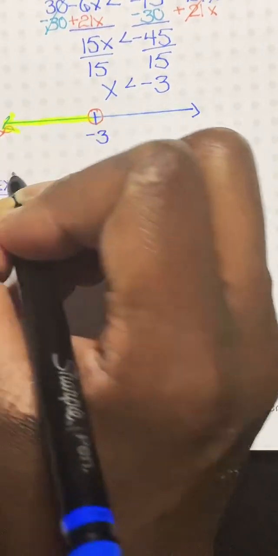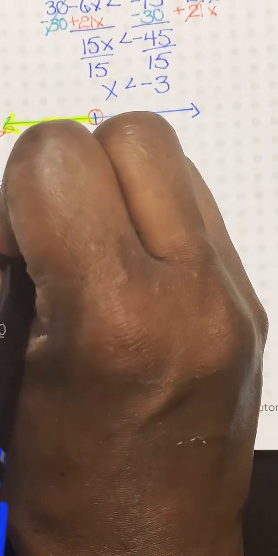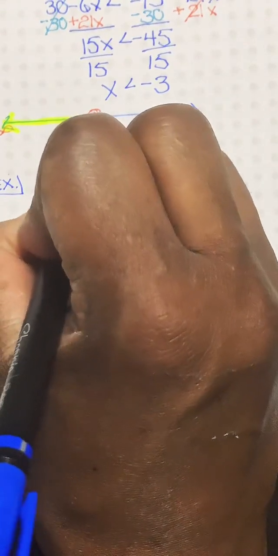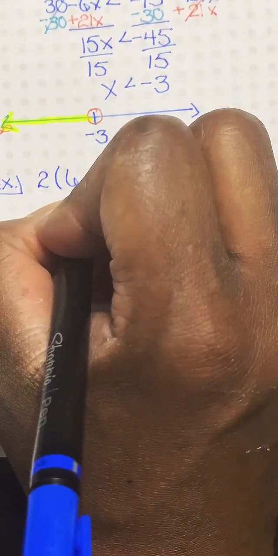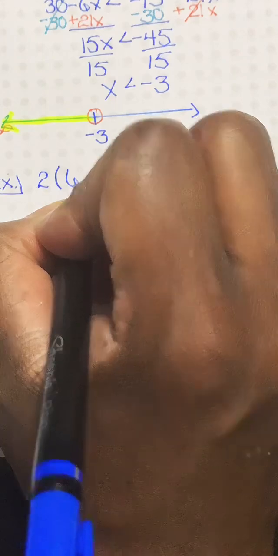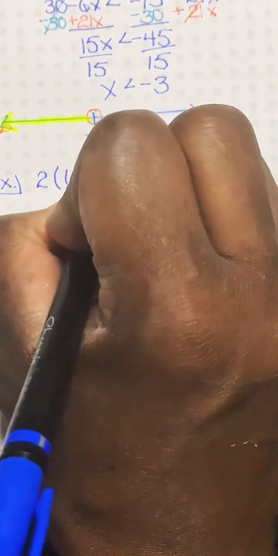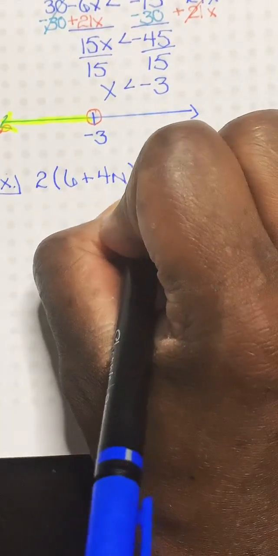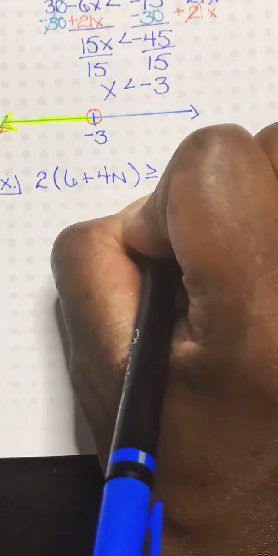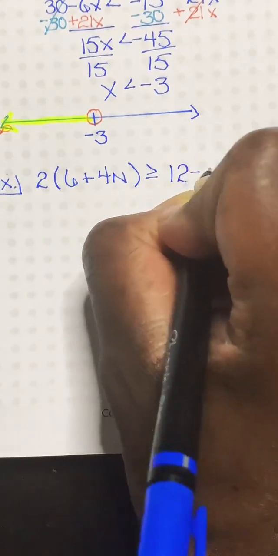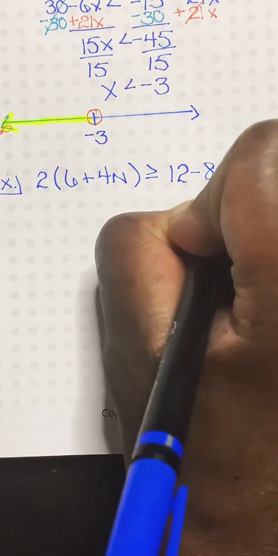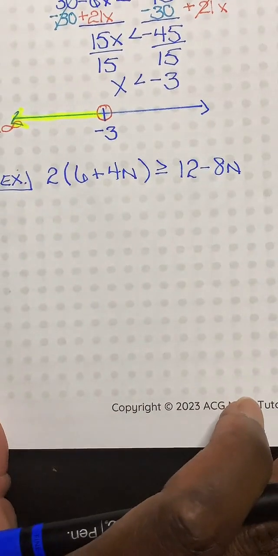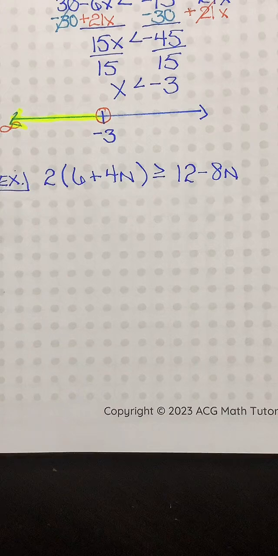Because if you know how to do multi-step with just regular finding out and isolating the one variable, you should be able to do this. I think that's a plus sign. Okay, give that one a try. Try to do it to the best of your ability.